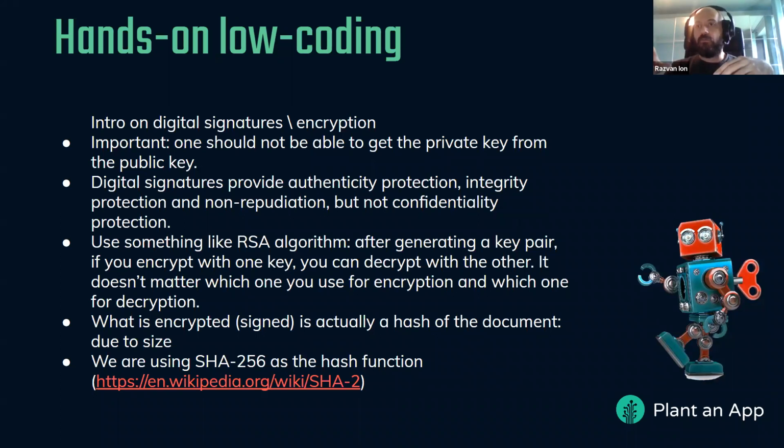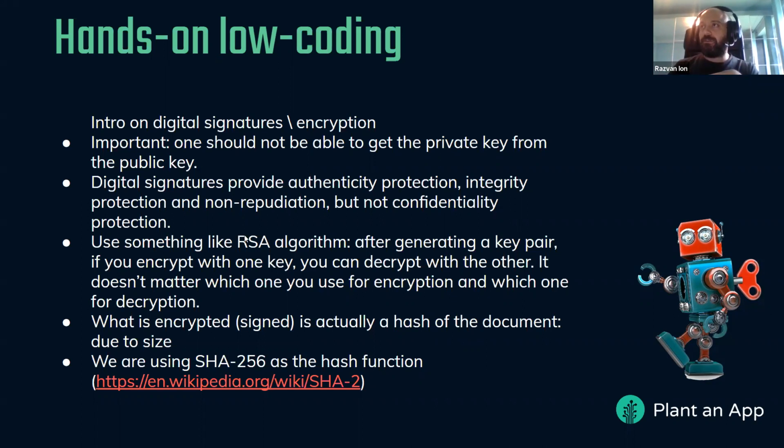No one should be able to get the private key from the public key, because otherwise everyone that has the public key that can validate a document can actually go in and pretend that they're Alice. They can sign their own documents and say, hey, this was actually signed by Alice. So it's not possible to get the private key from the public key.